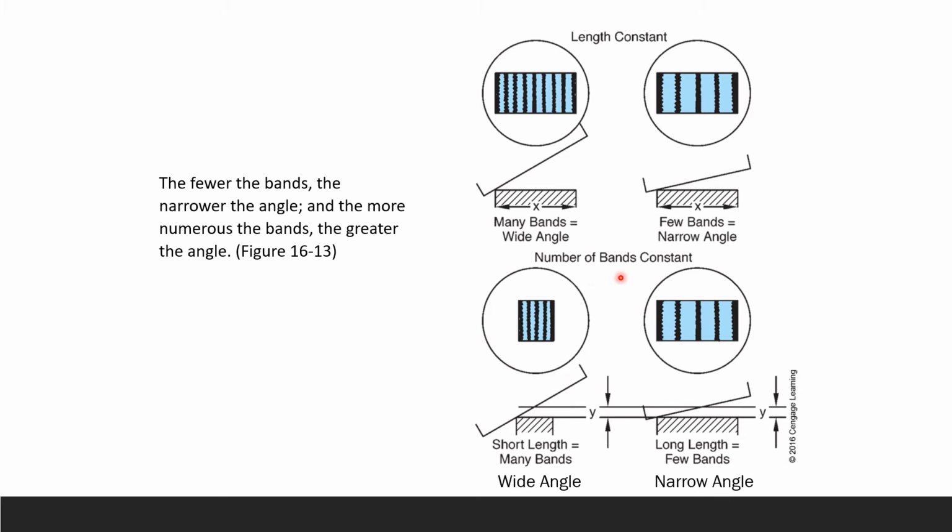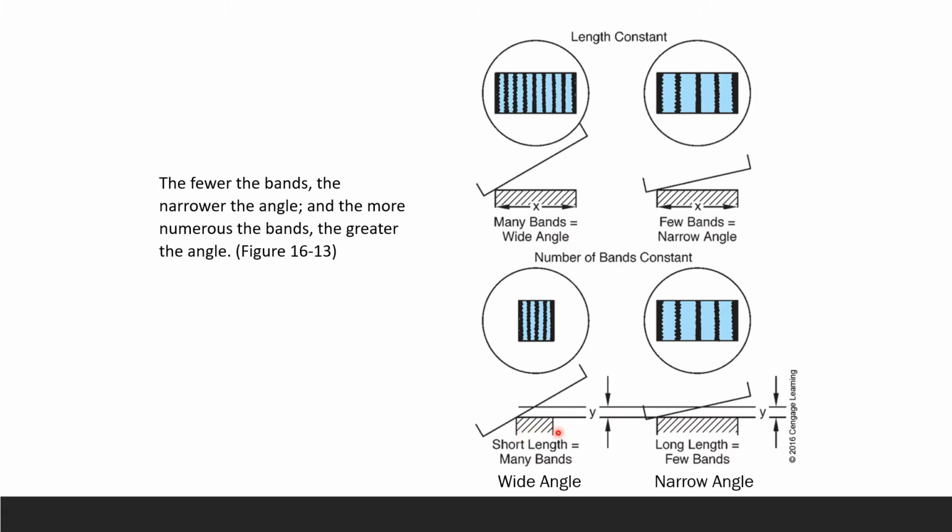Now we're going to make the number of bands constant, so you have 5 on each side. And this is wrong. The bands are actually, in this example, constant, so get rid of that. So we have a short length right there, your x. Here the length is constant, so your x right here is equal to each other. So right here your x is smaller than this.